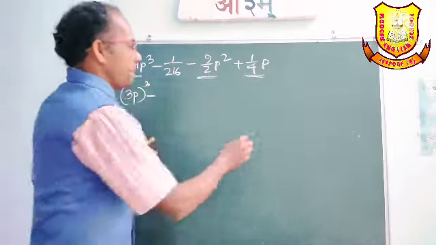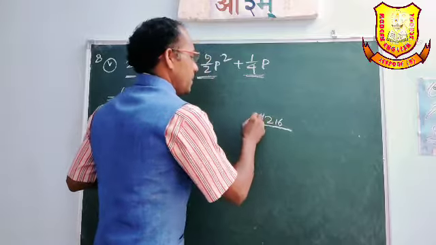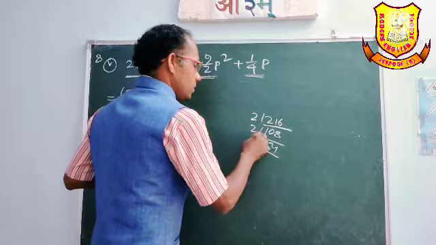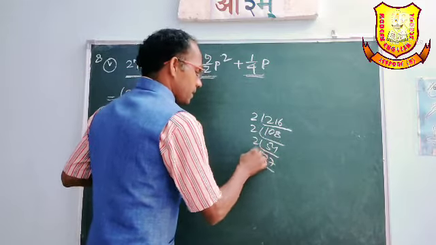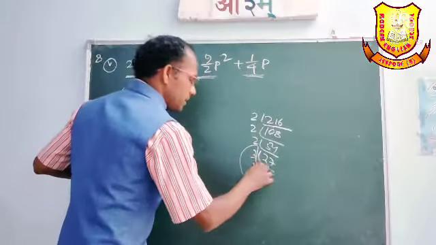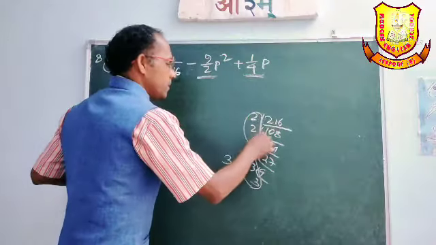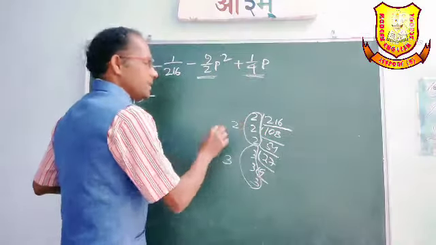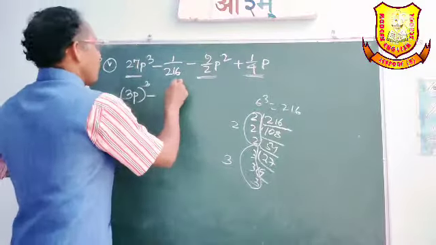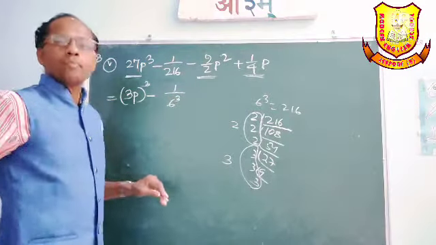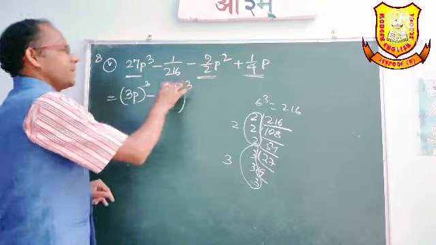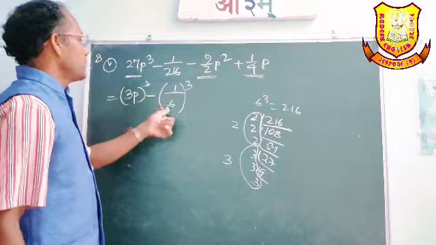If you don't know, you can factorize 216: 108, 54, 27, 9, 3. Out of three 3s take one 3, out of three 2s take one 2, and 3 times 2 is 6. So 6 cube equals 216, and 1 by 6 cube is 1 by 6 whole cube, because 1 cube equals 1.